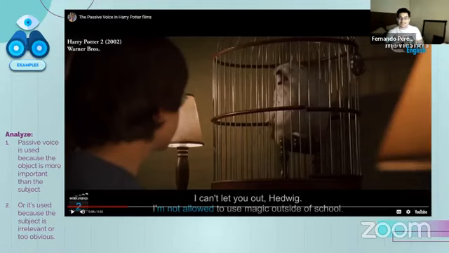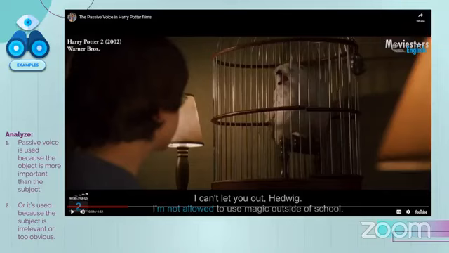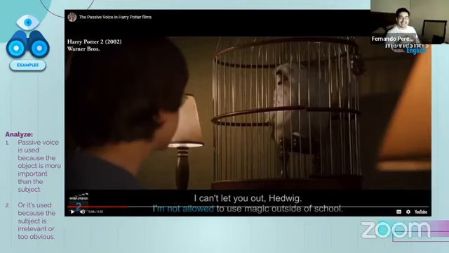Teacher, this sentence is in present. Precisely, exactly. Because that's a routine. Every time a kid uses magic outside of school, they receive a punishment.